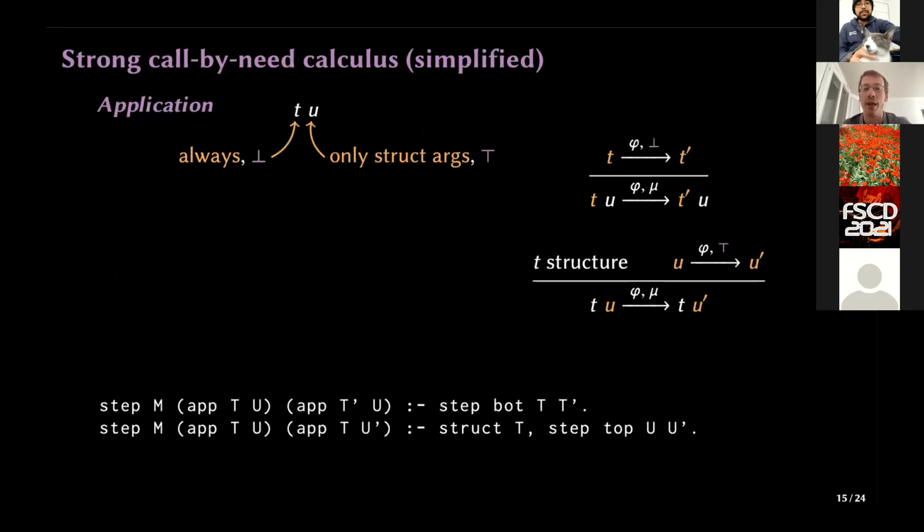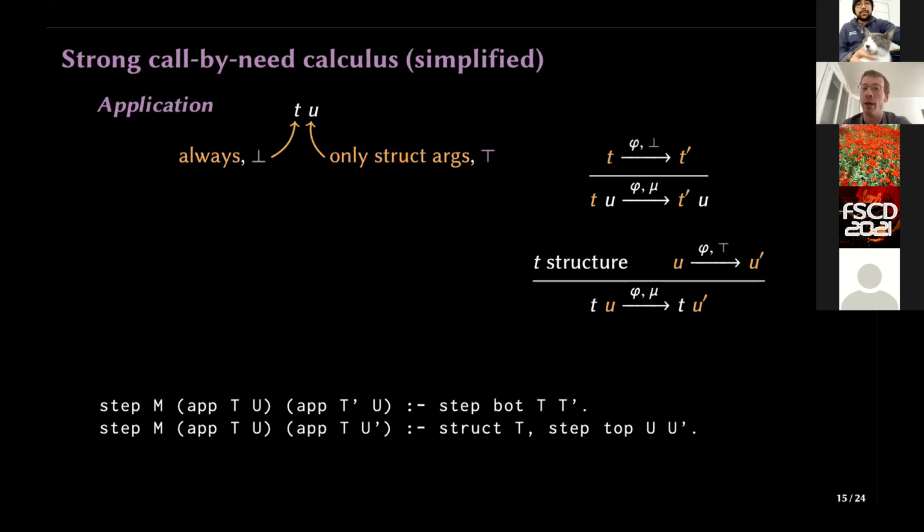So let's see how we can extend our previous rules to this setting. In the case of an application, reduction on the left part is still always possible. But since the left part is applied, it's definitely not a top level like position.